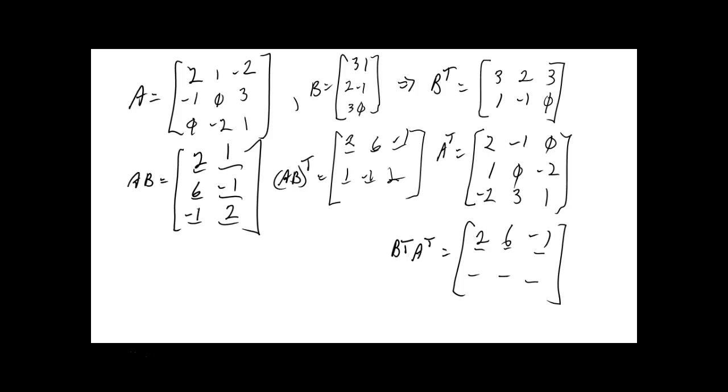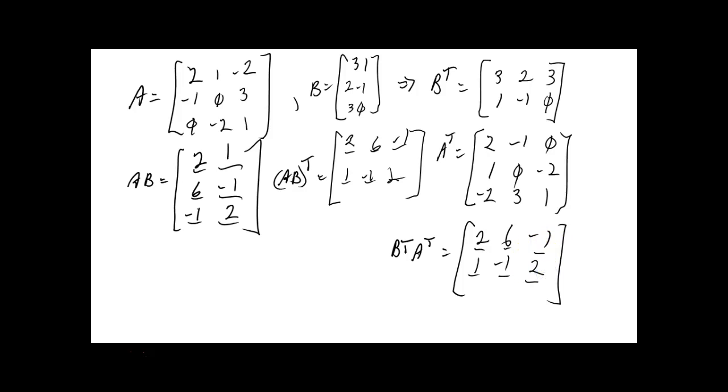Yeah. Yeah. All right. 2,1 entry. One. 2,2 entry. Negative 1. And 2,3 entry. 2.